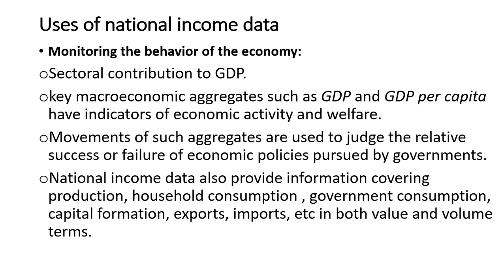The national income statistics is a very comprehensive data set that gives an indication about the sectoral contribution to the GDP. Every country's economy can be disaggregated into agriculture, industry, and services sectors.